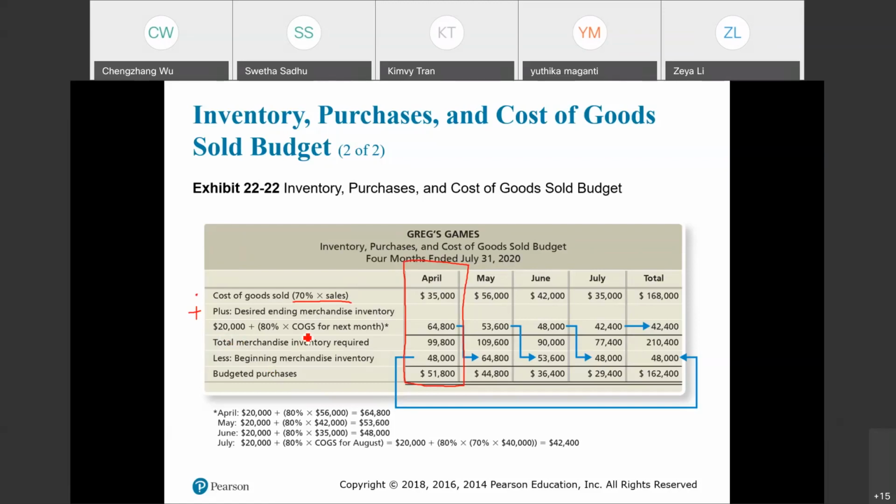COGS for the next month can be found right here. COGS for the next month is 56,000. This number is also 70% of budgeted sales in May.